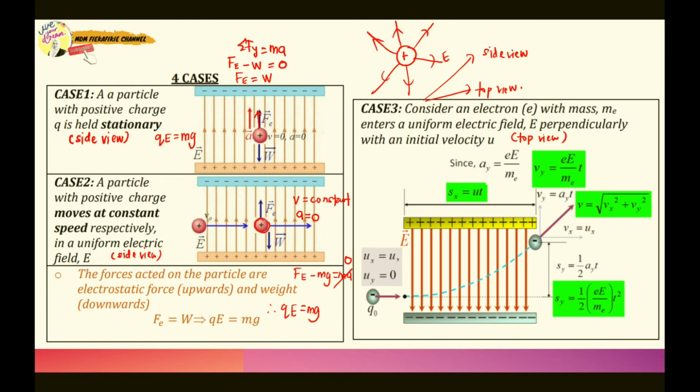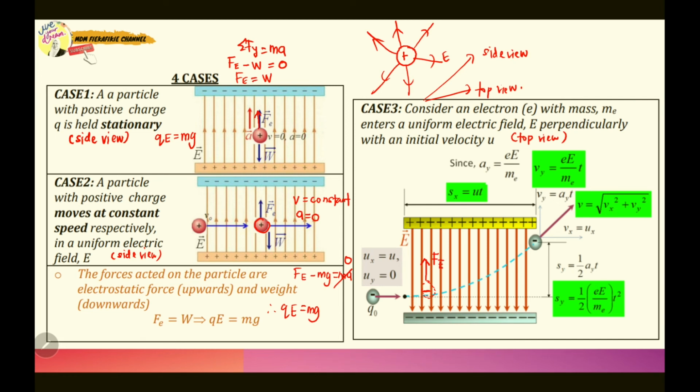When the electron enters the electric field, it is negative, so the electrostatic force is upward, because the upper plate is the positive plate.